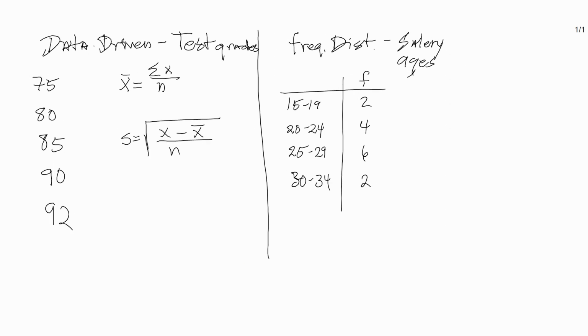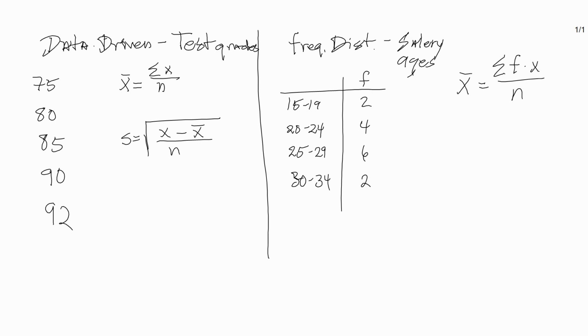Okay? So what are the formulas for your mean here? Your mean is the summation of f times x over n. Well, we don't have an x, so you have to calculate x.